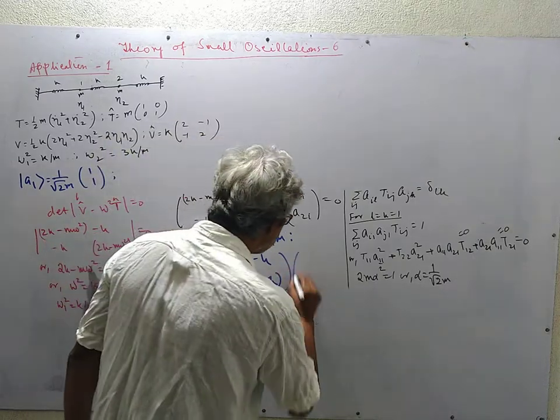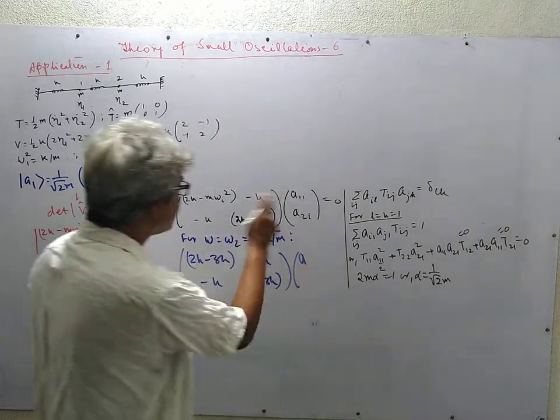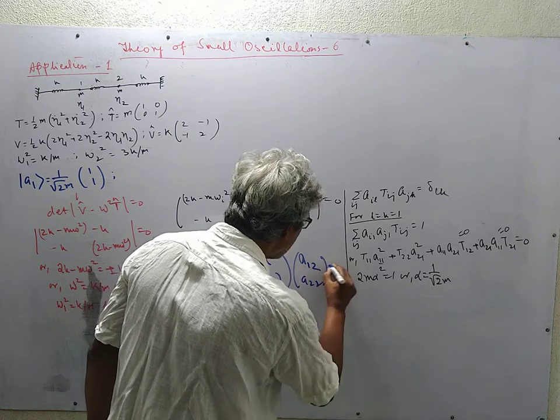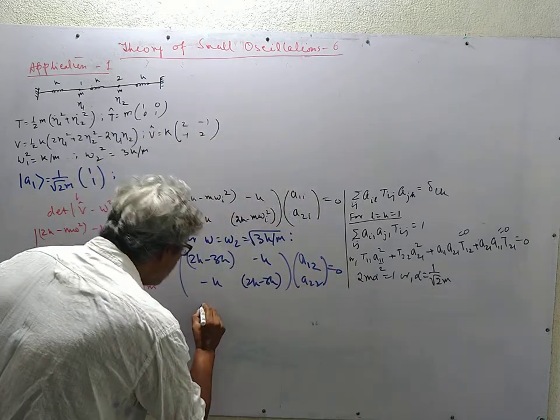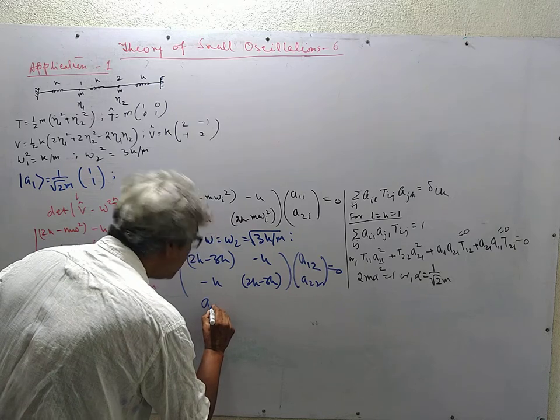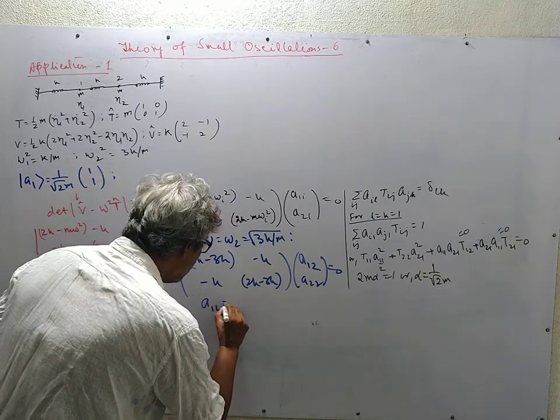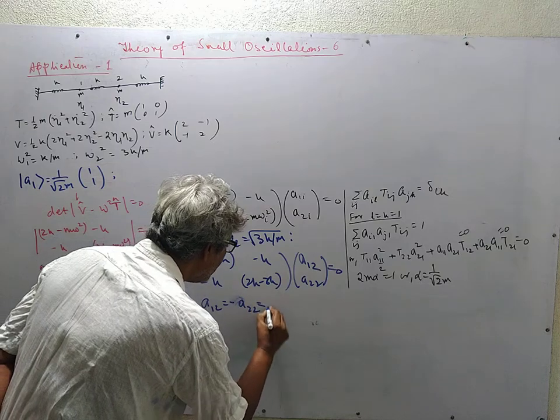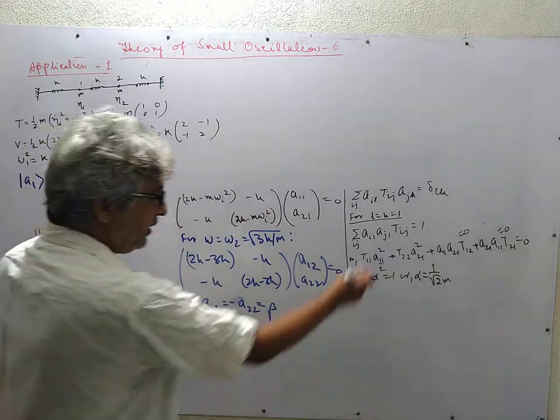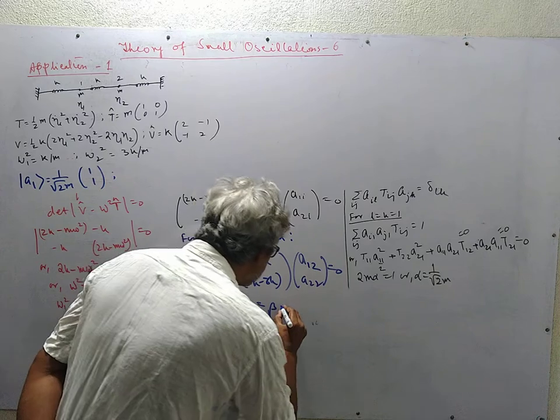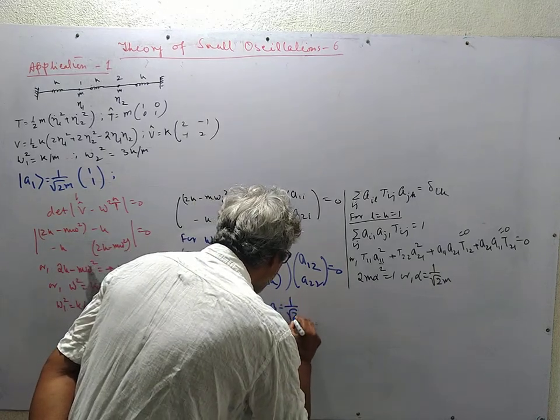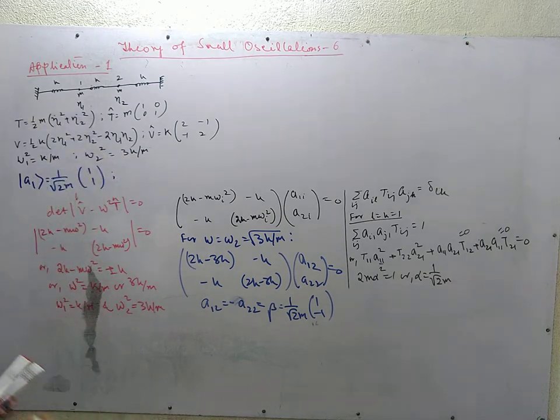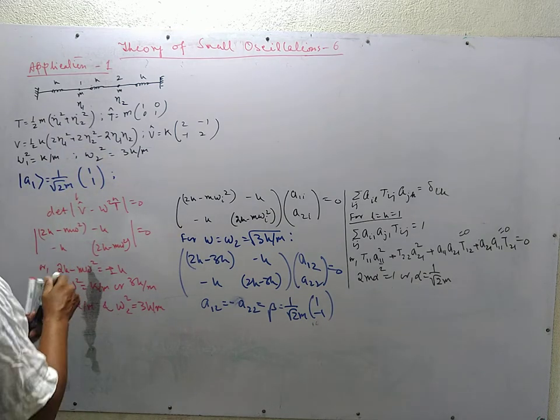This is multiplied by (a12, a22) equal to 0, which gives us a12 equal to minus a22 equal to beta. We can find beta like this to be 1 upon root 2m. So the second eigenvector is 1 upon root 2m times (1, minus 1).